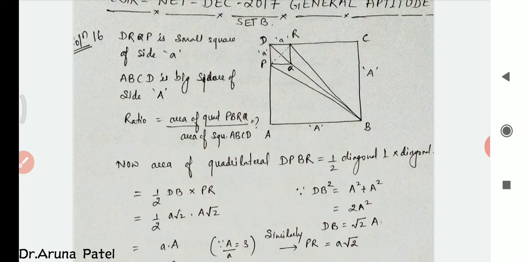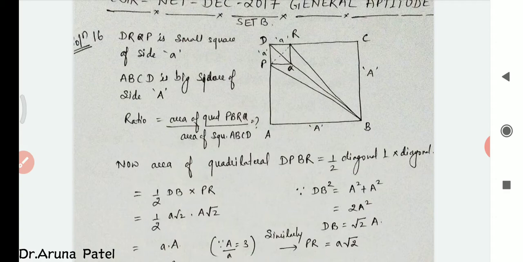So we have to find what DB equals. DB is the diagonal of the bigger square, so we find it from the Pythagoras theorem. DB square equals A square plus A square, which equals 2A square. On simplification DB equals root 2 A. This is DB's value. Now the PR value: it's the diagonal of the small square DPQR.